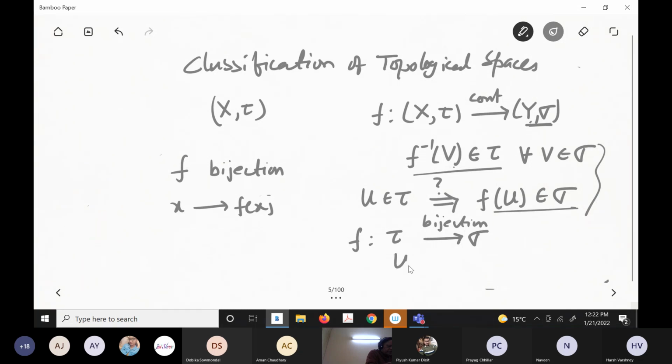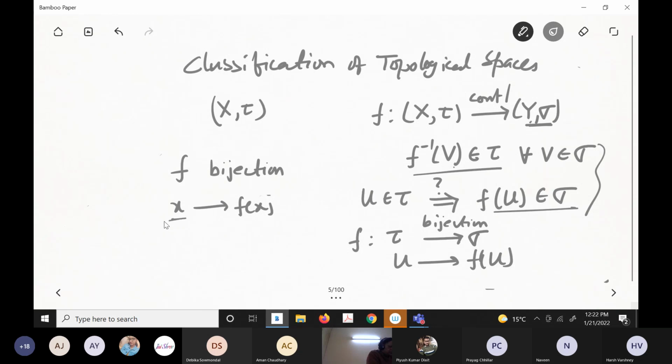So this will be a bijection not only between these two spaces, but I will also have a bijection between the open sets. That means in this case, (X, tau) and (Y, sigma) you can identify.